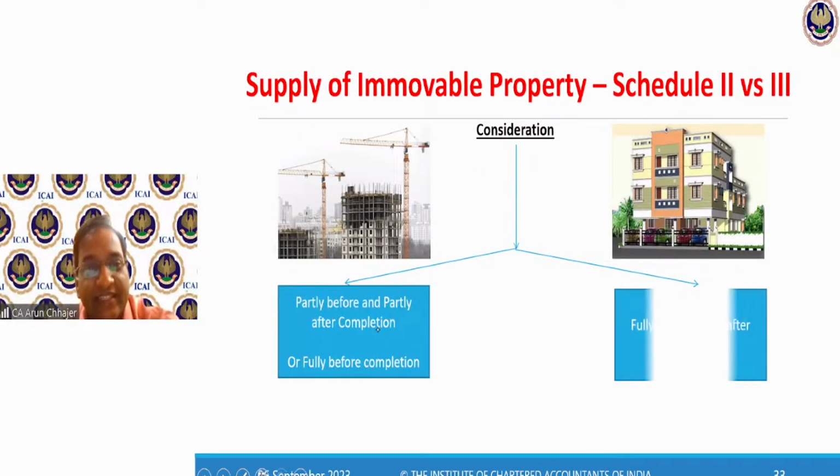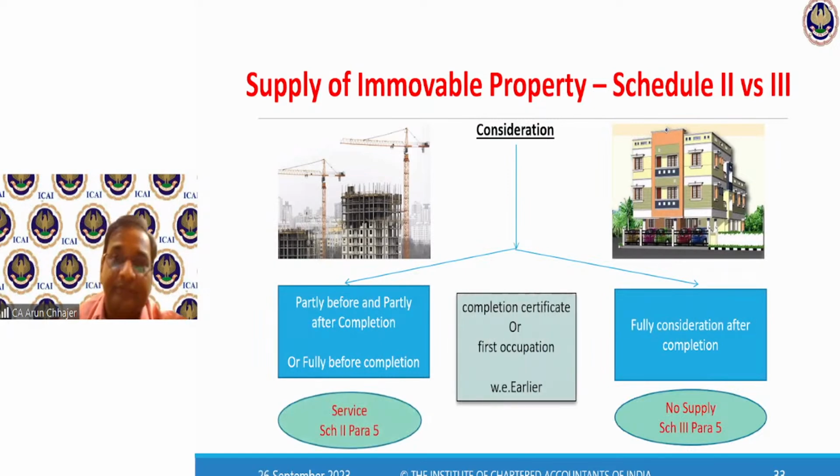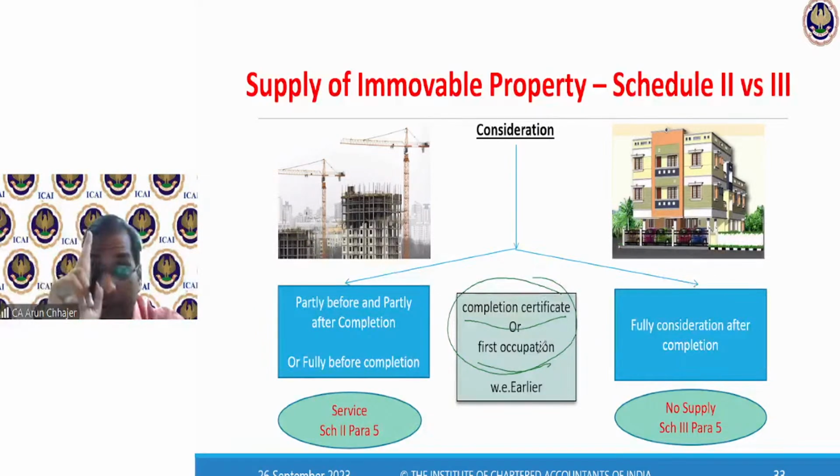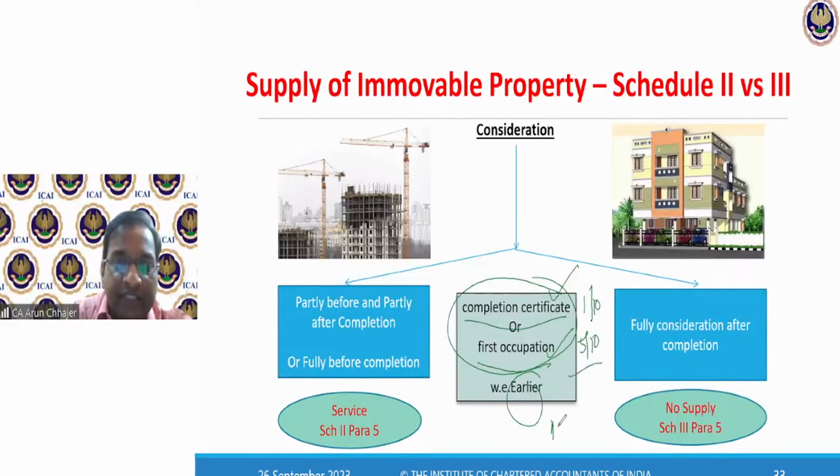If the consideration is before this event, what is that? There are two names: completion certificate or first occupation. Please remember these two names. Completion certificate or first occupation, whichever is earlier. Let's say it is 1st October and the other is, let's say, 5th October. So whichever is earlier, one date will be there, 1st October.